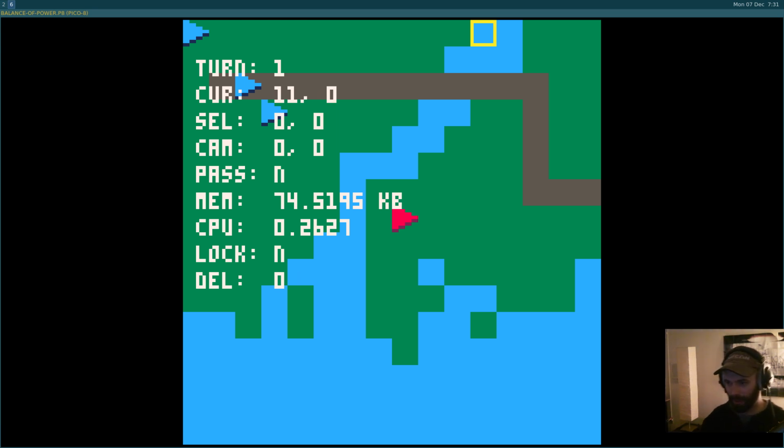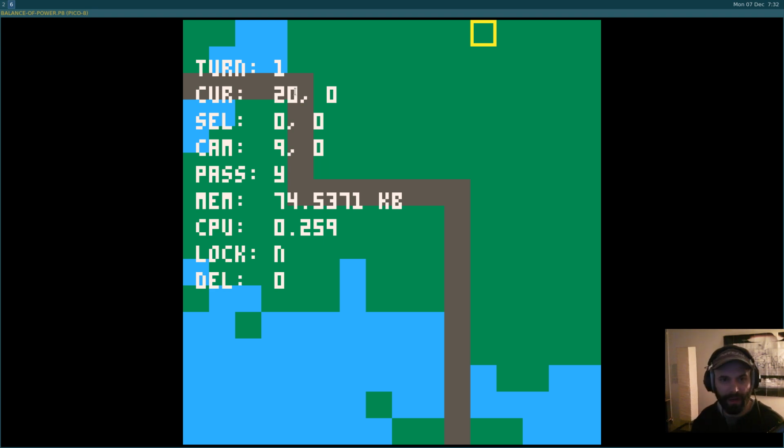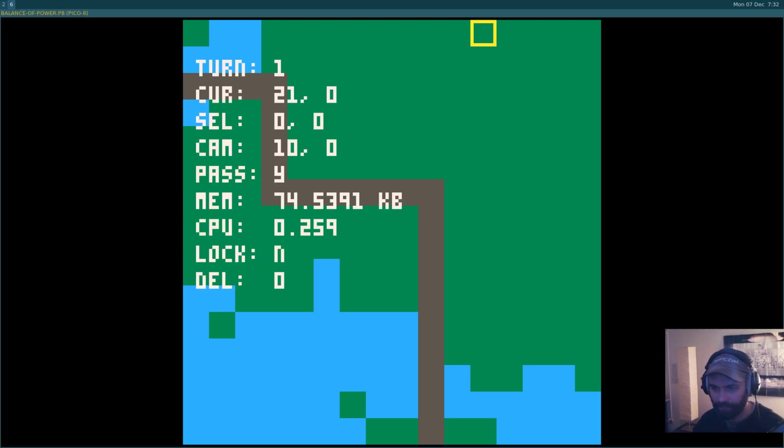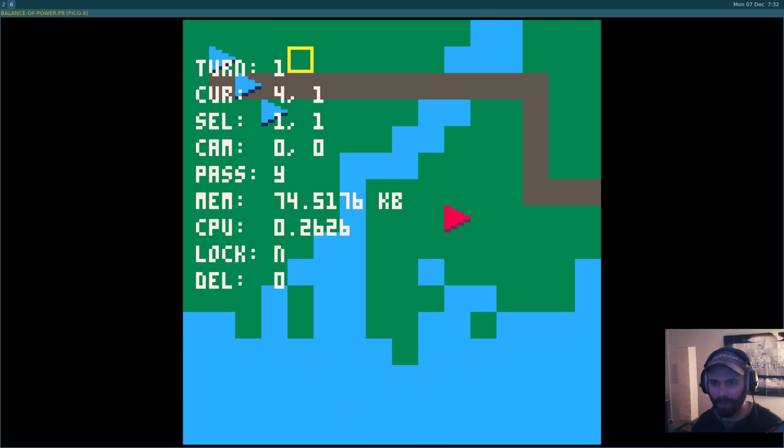Kind of looks like it should work. Why is it not? Maybe I'm just actually not seeing the movement. Let's make his move value 3 just so it's more visible. Because it sort of looks like that should work. Pause, move.